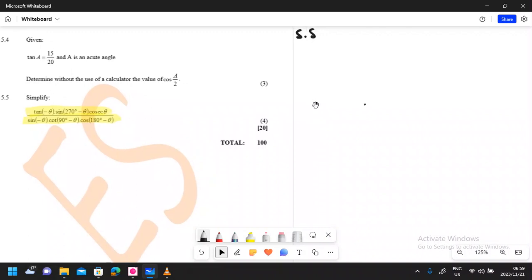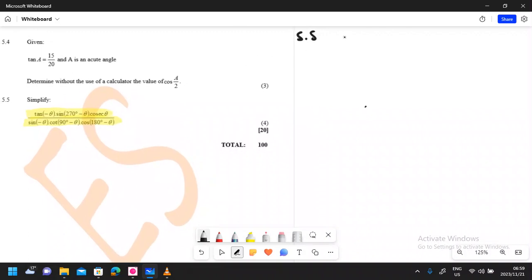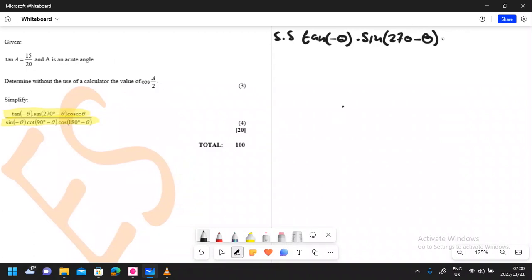So we have tan of negative theta, multiplied by sine of 270 minus theta, and then we have cosec theta, and then we divide by sine of negative theta.